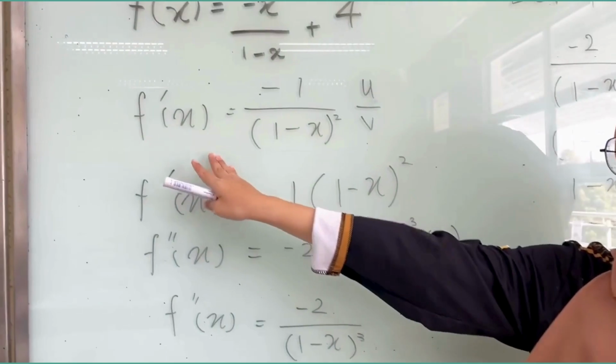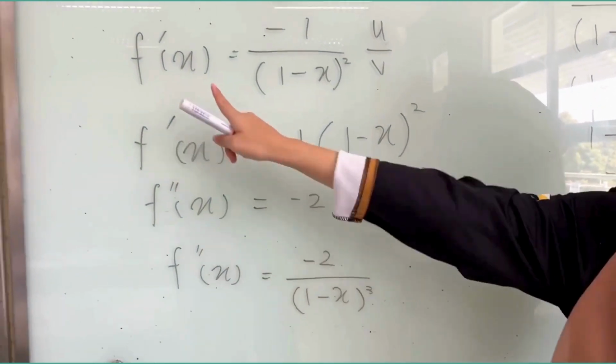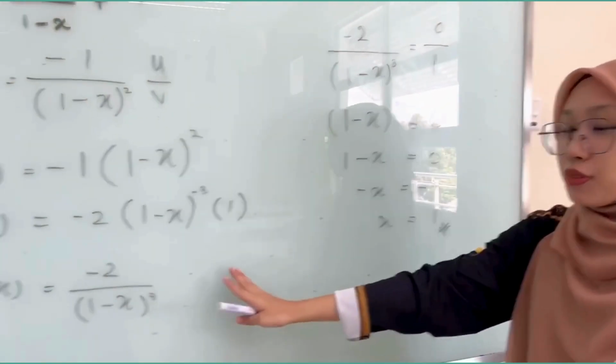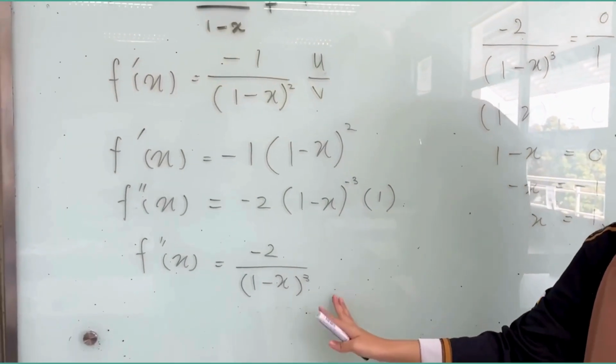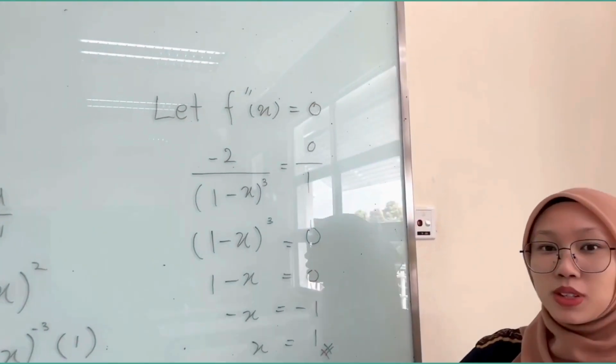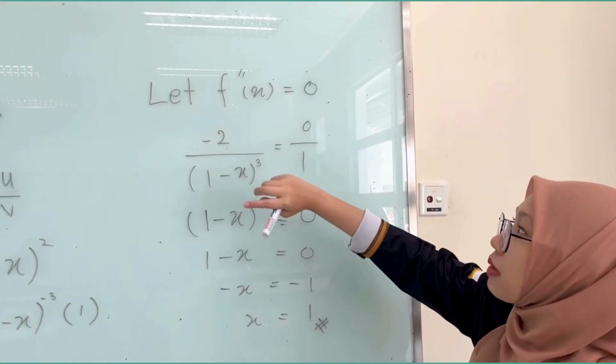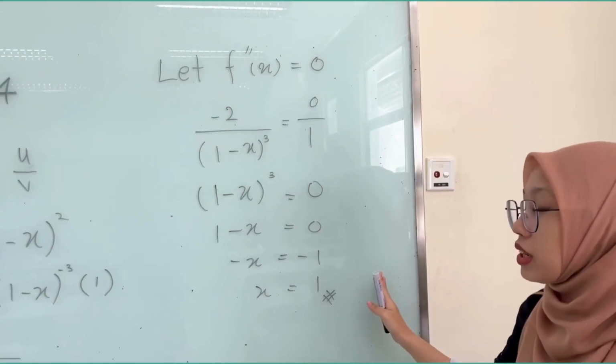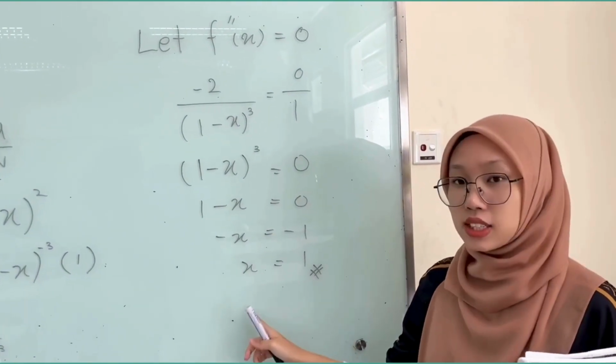First, we need to find f double prime x from f prime x. So, after we have an answer for f double prime x, we must let f double prime x equal to 0, and we get x equal to 1.